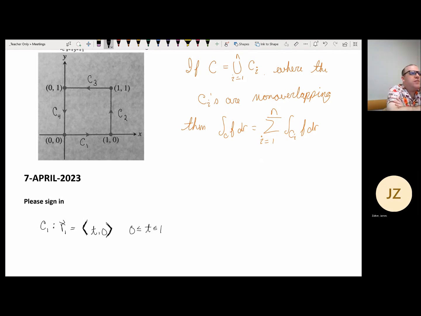Right, let's just be t, 0. X is changing, Y stays constant, specifically at 0. And then t goes 0 to 1.